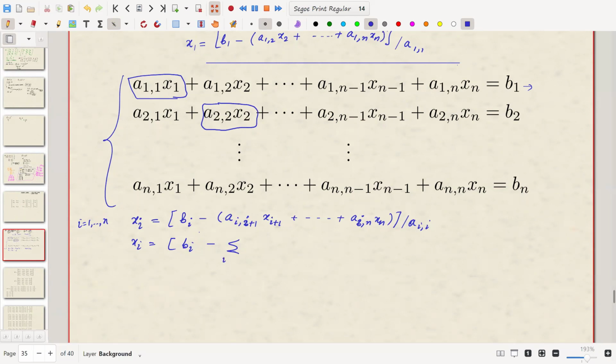So you have to take from i equals 1 to n, but can we write in a good way? i is already used here. So j, let us use j. The i index is already used. And you will say j is not equal to i. Fine. j is not equal to i, a_ij.